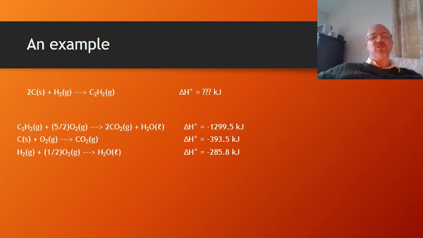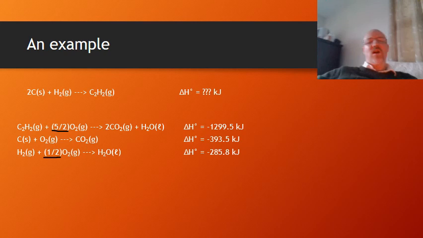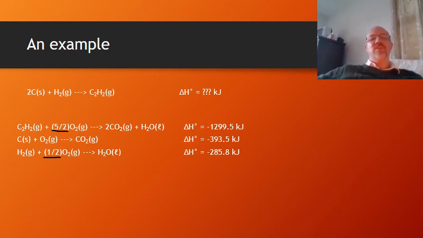And you notice in two of those equations we have, again, those funny fractional values, because the enthalpy change is per mole ethine, per mole carbon, per mole hydrogen. Okay? Each of these three reactions have bits and pieces of the first reaction up above.